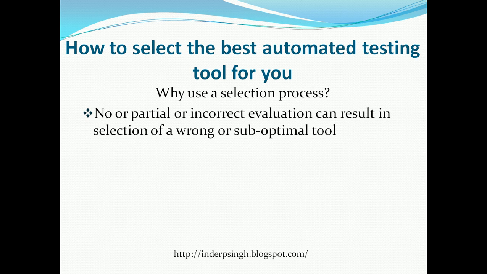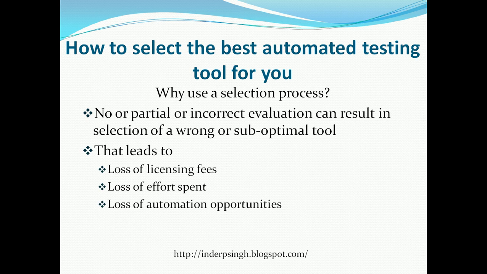The same thing can happen when there is a partial evaluation, when only a couple of tools have been looked at and one of them is selected. And the same thing can happen with an incorrect evaluation. Now, if you select a wrong automated testing tool or a suboptimal testing tool, that leads to many different kinds of losses.